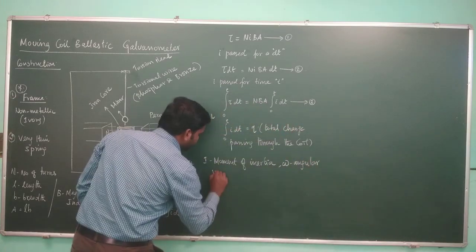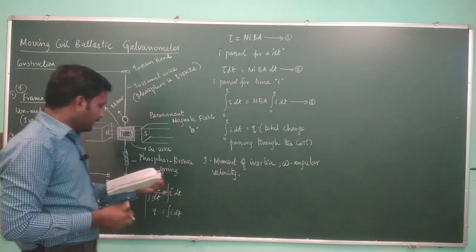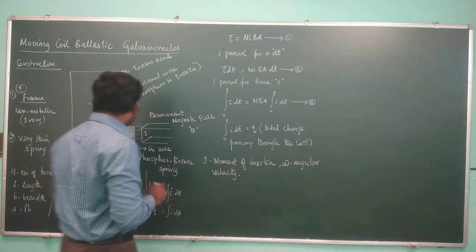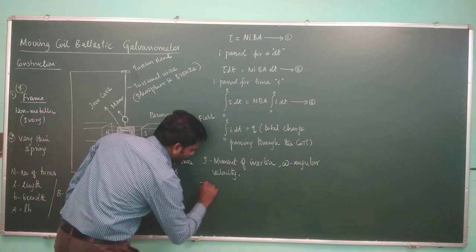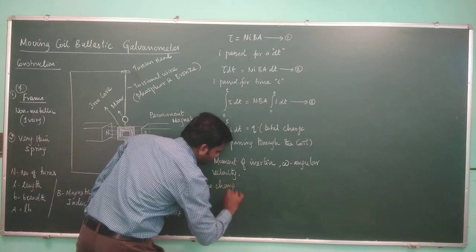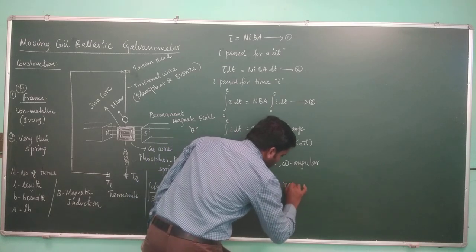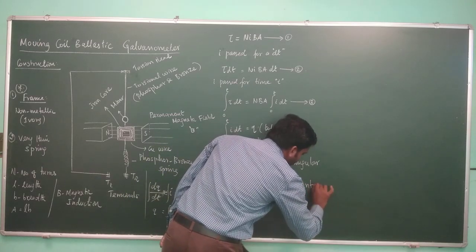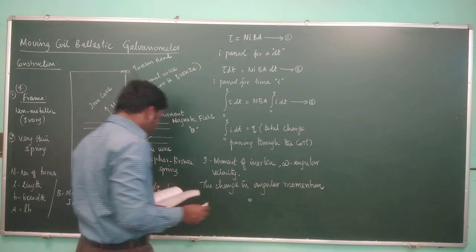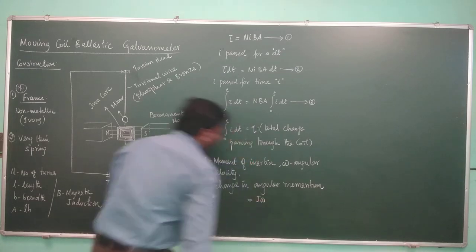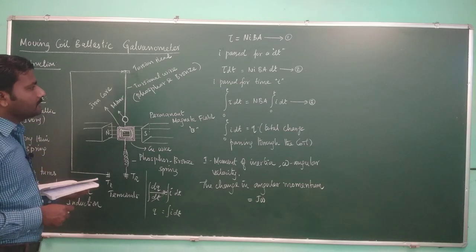In that case, the change in angular momentum of the coil for the momentary impulse can be denoted as I omega.